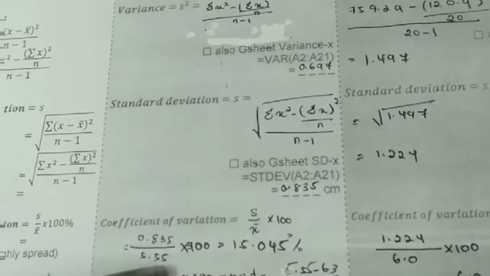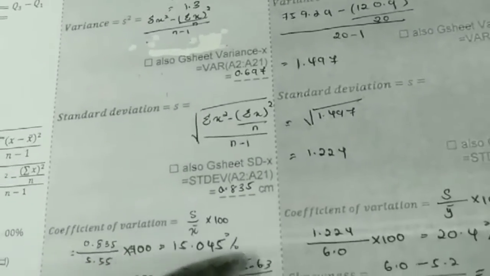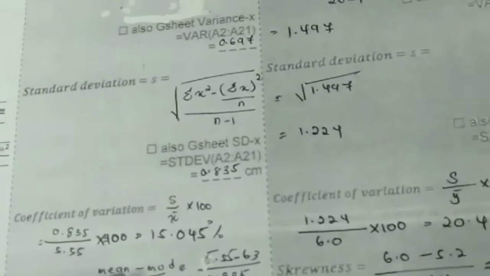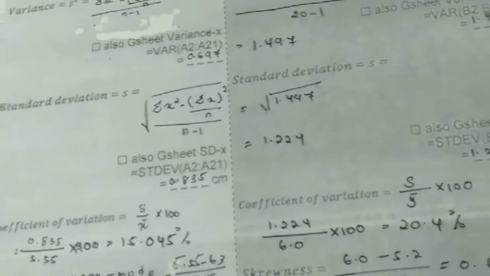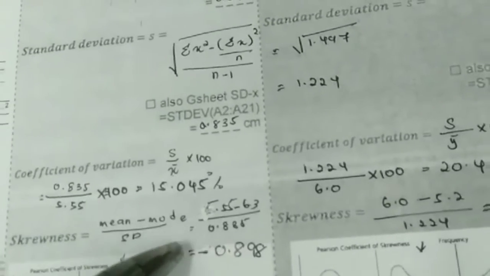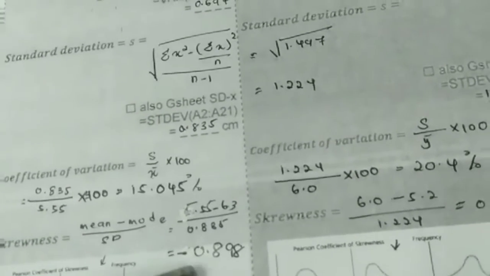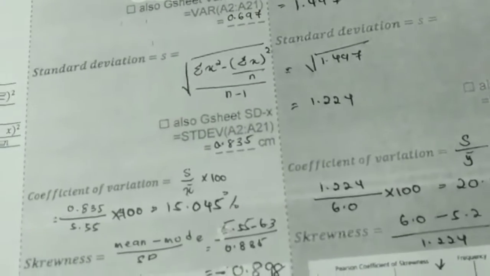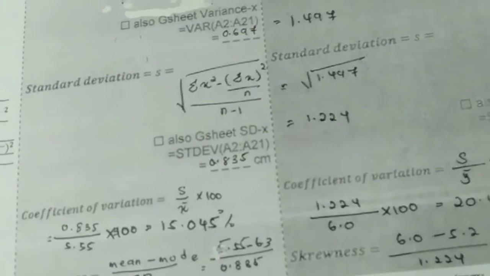We just put in the data and we get 50.045%. Okay, this is for the skewness. The formula is mean minus mode over standard deviation. We get negative 0.898. When we get negative, that means the skewness is shifted to the right. And if we get positive, the skewness shifts to the left. And if equal to 0, it is symmetrical.